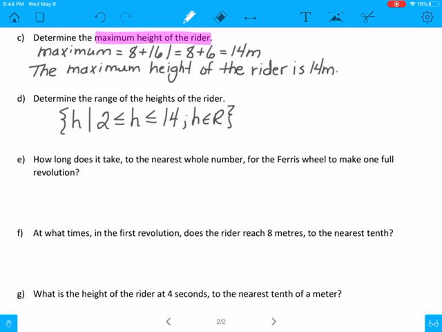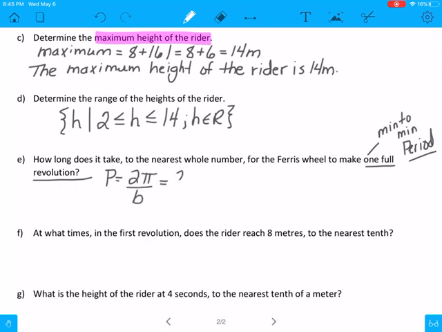How long does it take, to the nearest whole number, for the Ferris wheel to make one full revolution? One full revolution is from minimum to minimum. And what's minimum to minimum? Min to min is a period. So they literally are just asking a fancy way to find the period. And the period from an equation is period equals 2 pi divided by the b value.